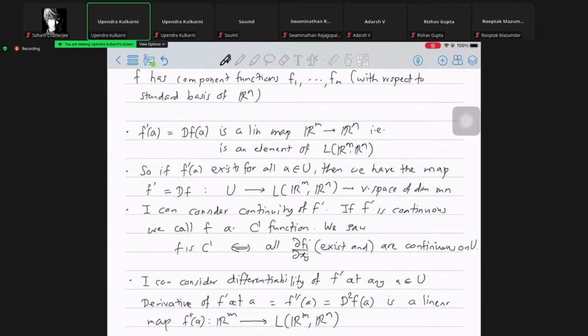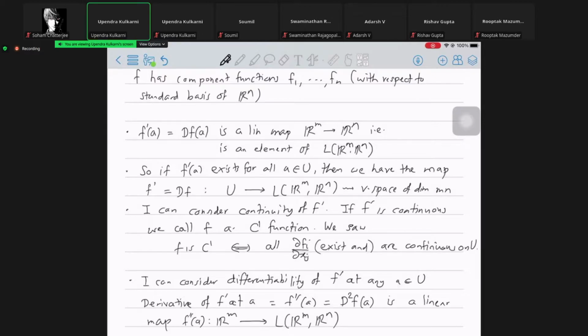One in a certain slot of the matrix and zero everywhere else. So what are the component functions of this map f prime? If we take the standard basis for Rm and Rn, they're exactly del fi by del xj.